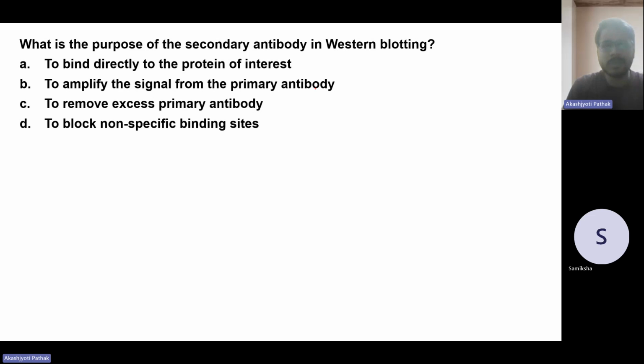Your sensitivity increases when you use a secondary antibody, because the secondary antibody will go and bind to the Fc region of your primary antibody, and you can be sure that this is the position where my target protein is present. So it amplifies the signal from the primary antibody. This is the correct answer. The signal gets amplified from the primary antibody.